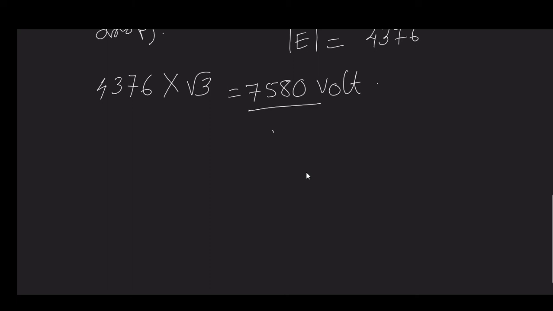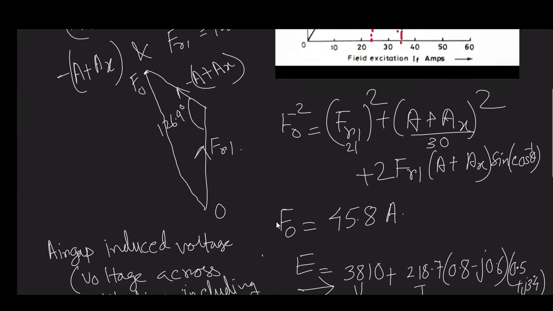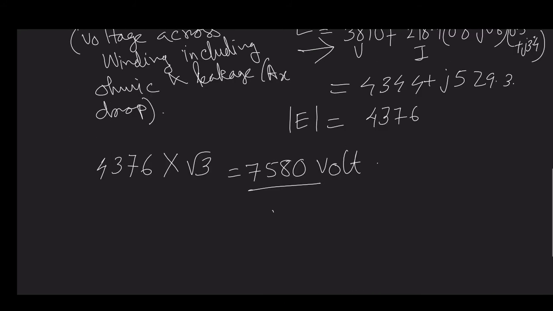What was your previous value of your current, or F naught? F naught was 45.8.